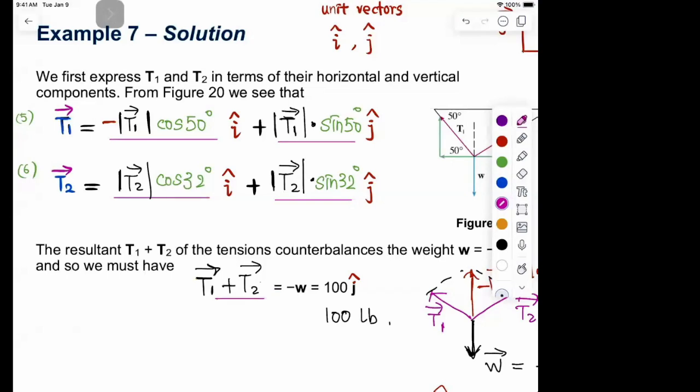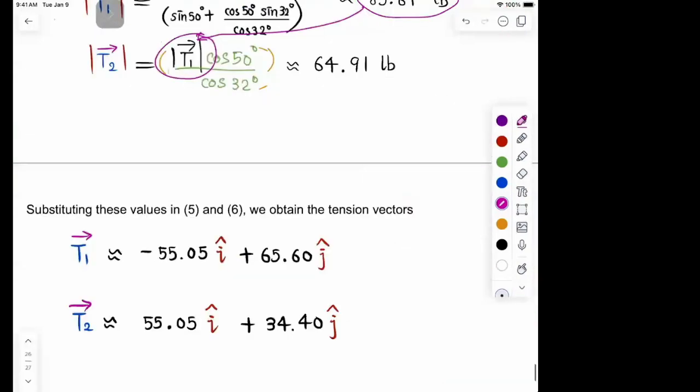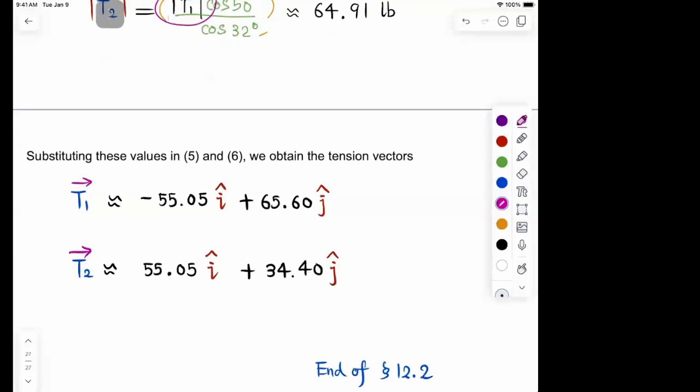This is the second component. If you know the magnitude of T1, you can substitute here and here to get T1. If you know the magnitude of T2, you substitute here and get T2. And this is what we have done. So T2 equals this.